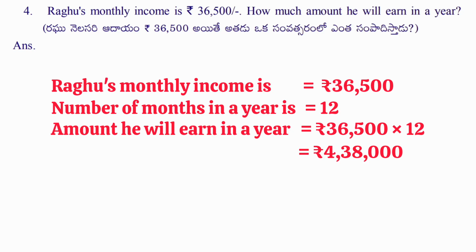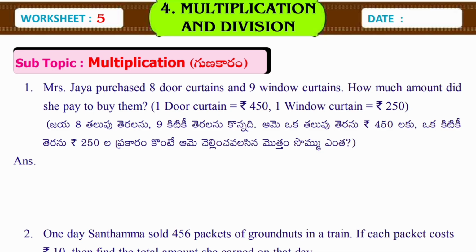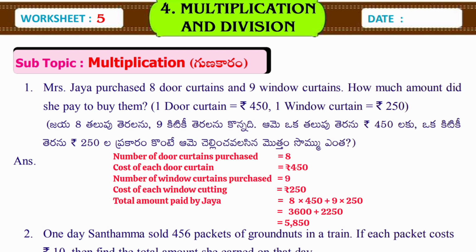Got it? Let's move on to the next worksheet, that is worksheet number 5. Here also the subtopic is multiplication. Let's see the first question. Mrs. Jaya purchased 8 door curtains and 9 window curtains. How much amount did she pay to buy them? Okay, let's see the answer. Number of door curtains she purchased, 8. Then cost of each door curtain is 450. Number of window curtains she purchased is 9. Cost of each window curtain is 250.